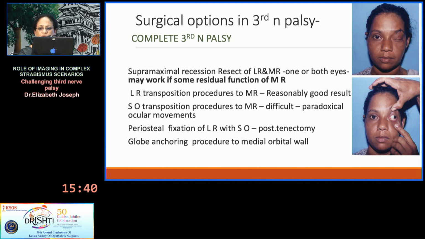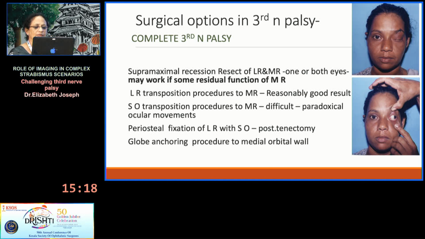When the eye is open, you can see the eye is fixed in abduction, and in such cases, look for some action of the medial rectus by force generation test. If there is some action of the medial rectus, supramaximal recess resect surgeries will work. If there is no action of the medial rectus, we have to think about transposition procedures.